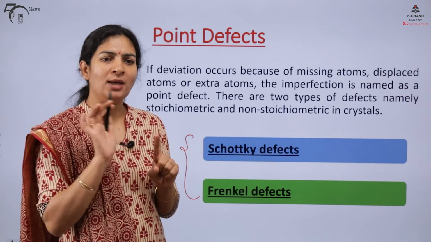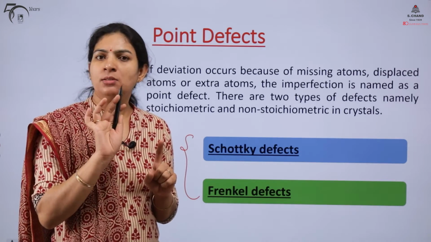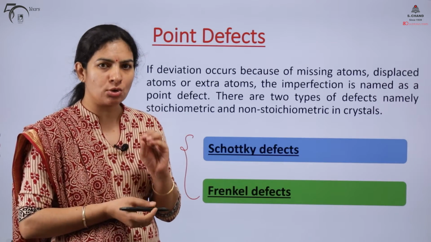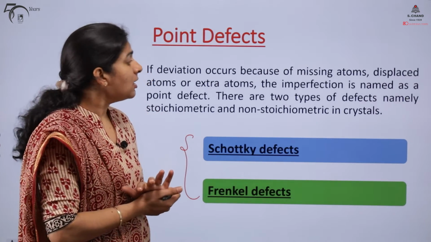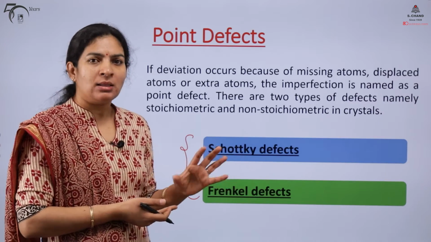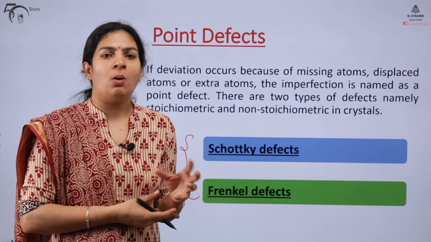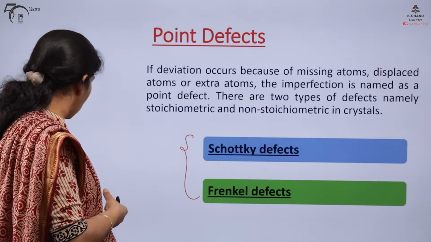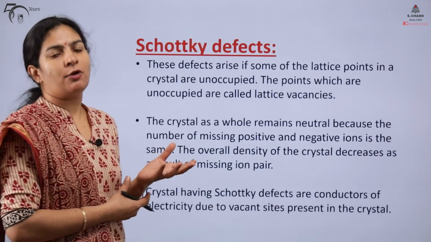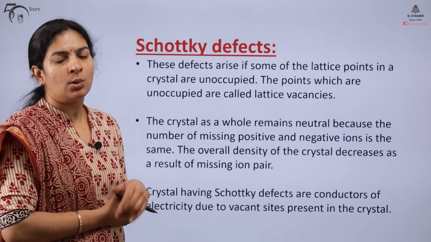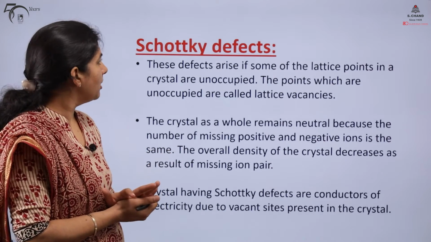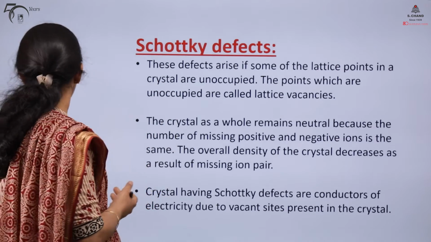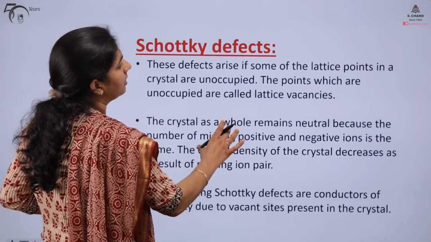If one sodium ion is missing, one chloride ion would also be missing; that is called a stoichiometric defect. And non-stoichiometric is when ions are missing or occupying other positions such that the stoichiometry reflected from the molecular formula is changed. So let us understand more about these Schottky defects.